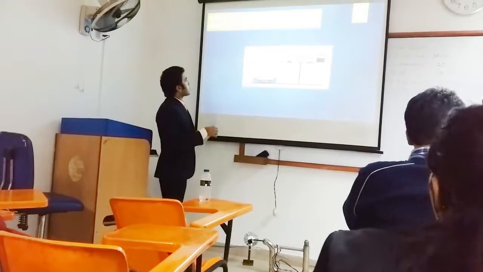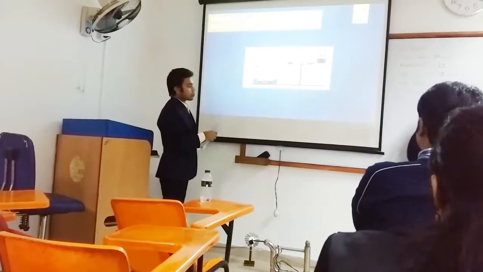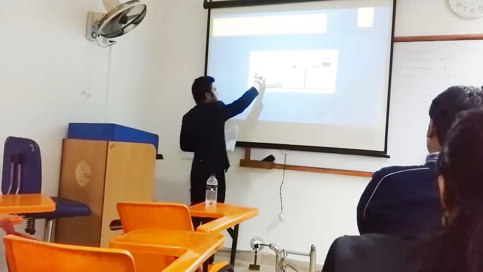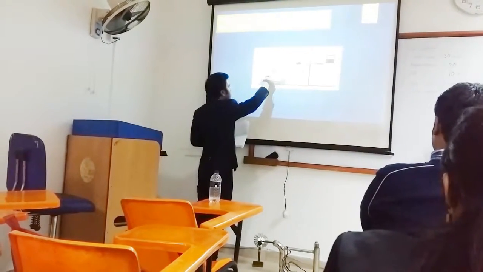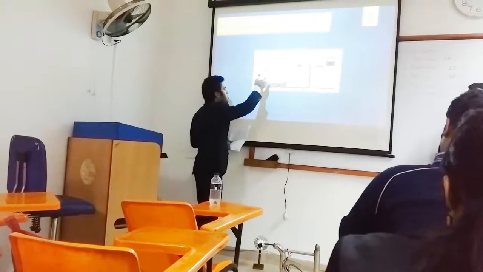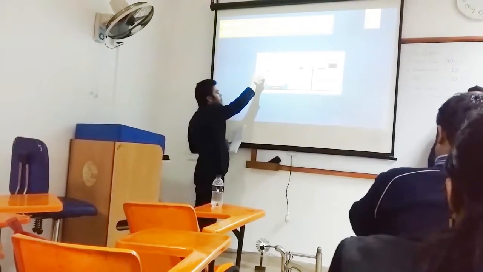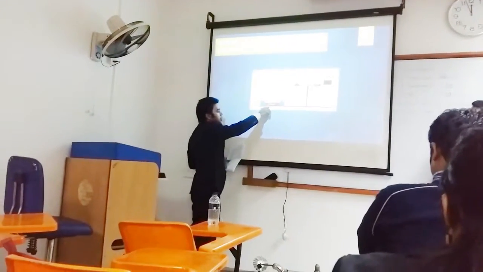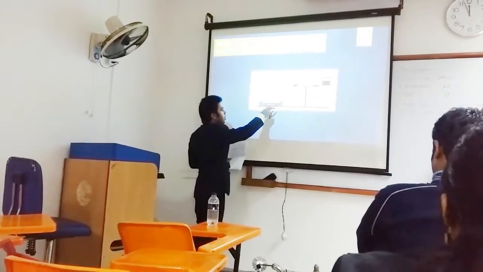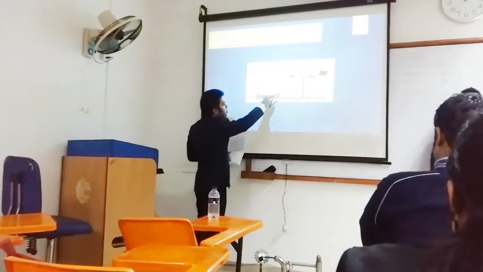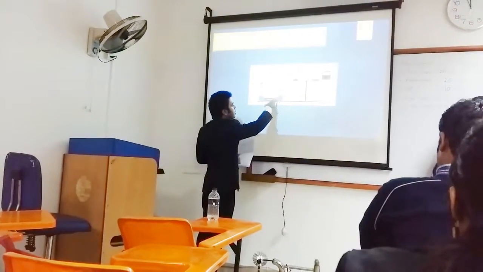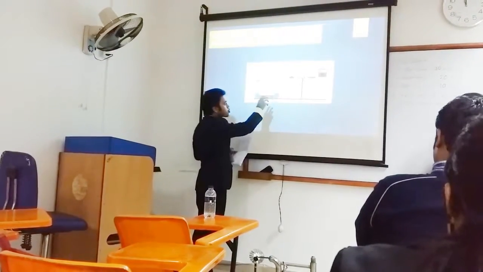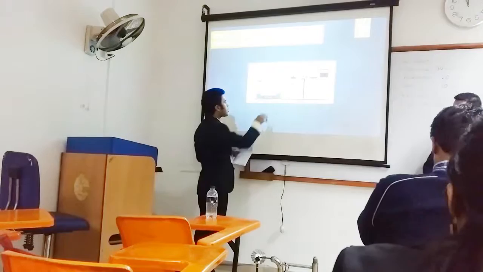This is the working procedure of our prototype model. This is our input pipe and this is our output pipe. We first input water in this pipe and then seal it with a screw. Then the heater heats up the water and steam generates. We coupled the output and input pipe to create more pressure.